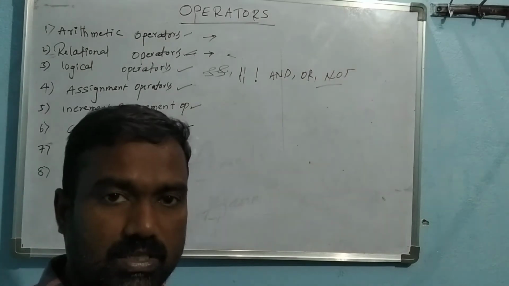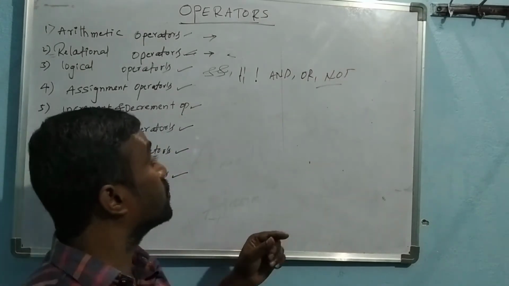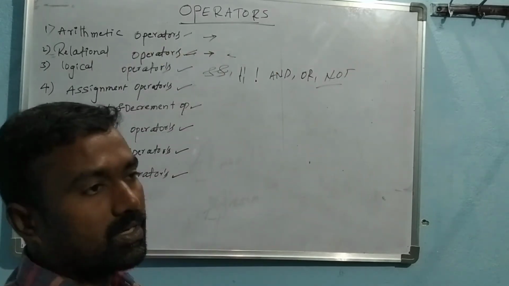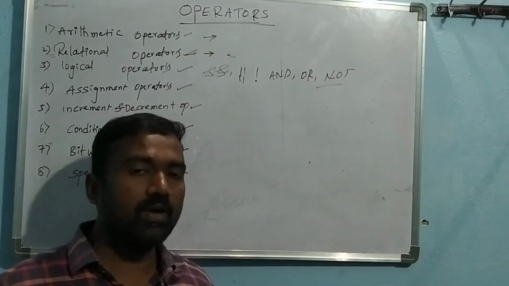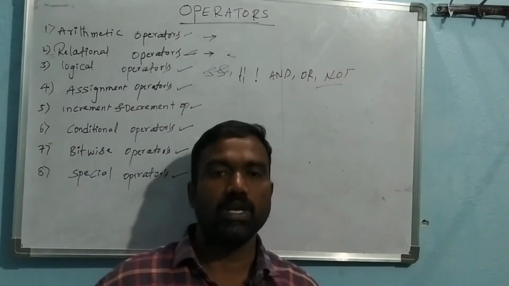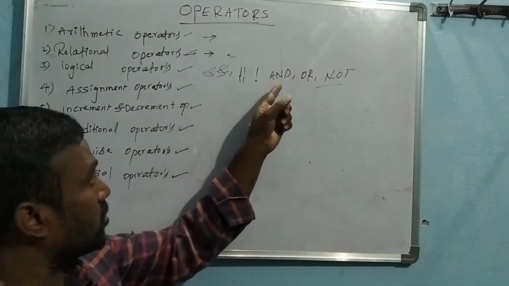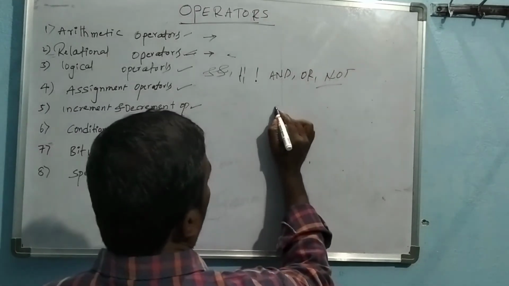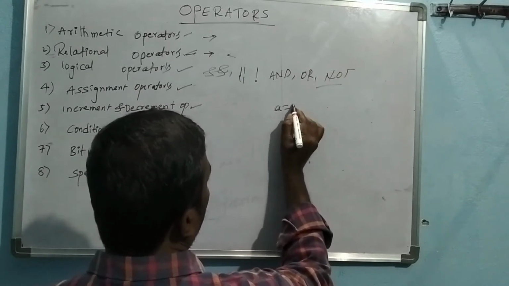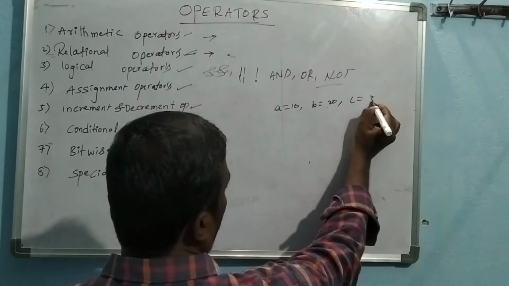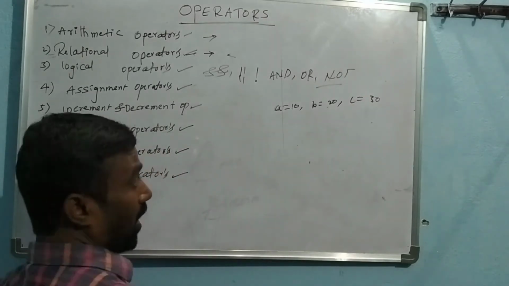We use these also in condition checking operations. Whenever we have to check two or more conditions, we use these logical operators. I will show the examples. A equal to 10, B equal to 20, C equal to 30. These are the values I have taken.